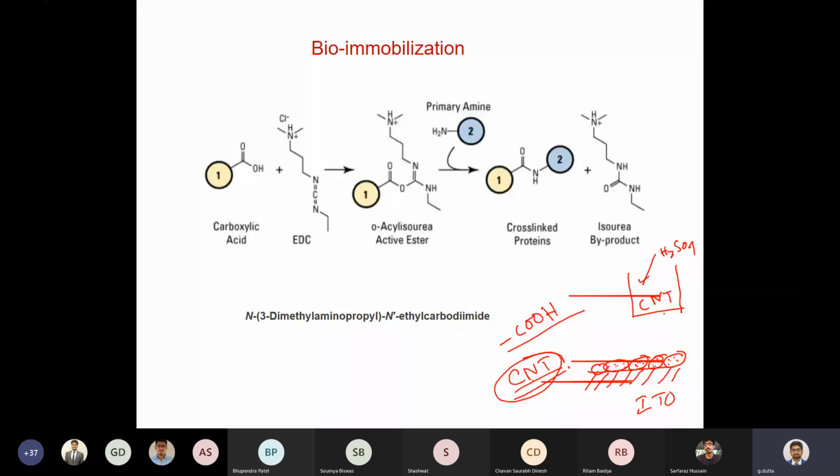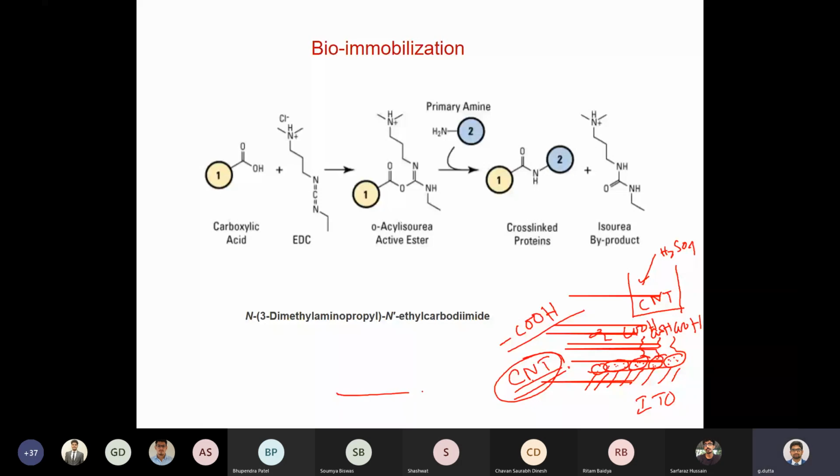So COOH group will form on the carbon nanotube surface by oxidation. How can you oxidize it? You can oxidize with the help of some concentrated acid. Now that nanoparticle solution you can drop on the transducer surface. So this is the ITO surface. In your beaker you have the carbon nanotube that is already functionalized with carboxylic acid by oxidation.